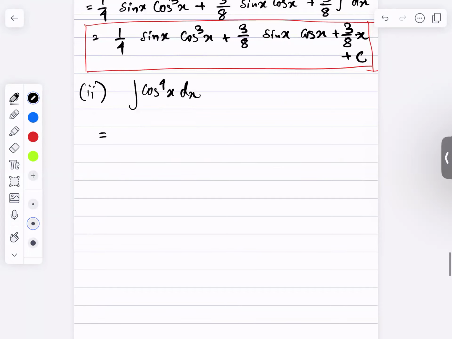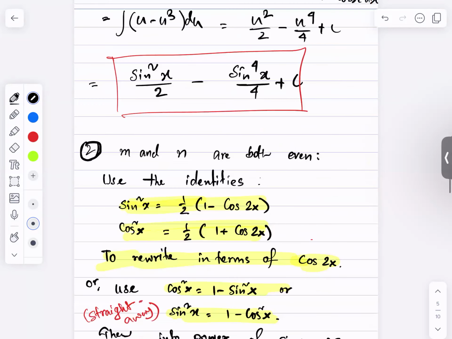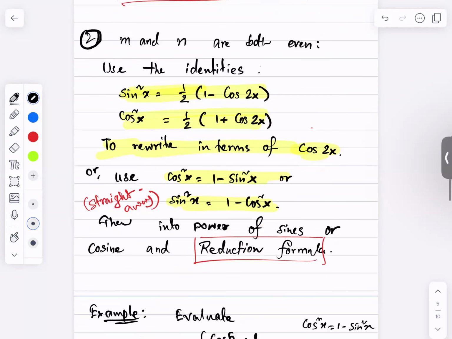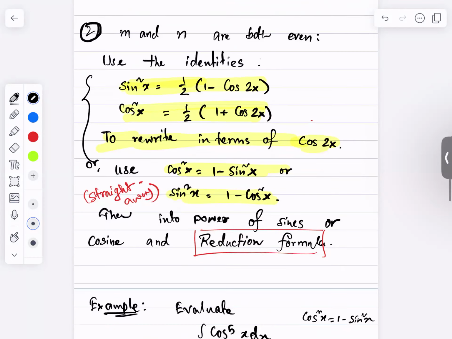Let me go back to strategy 2 once more. I'm talking about applying this one. So I'll use these two identities. Let me just copy it.